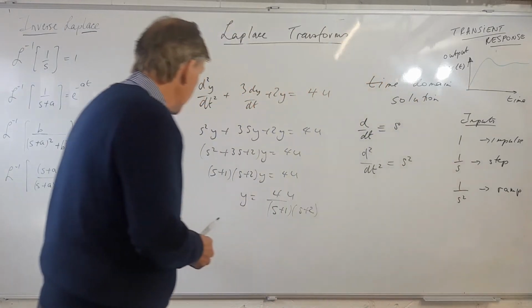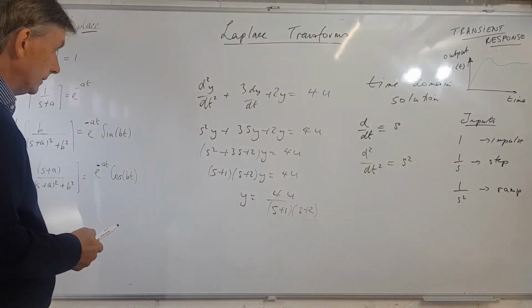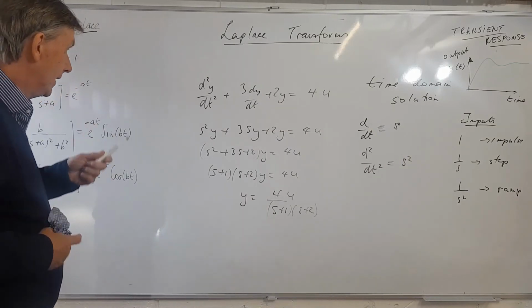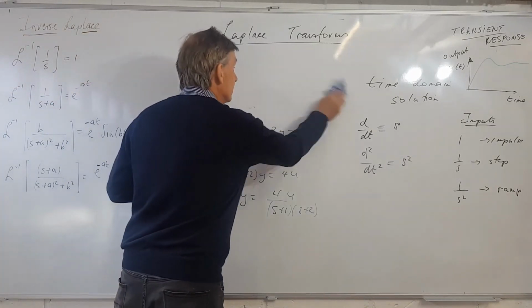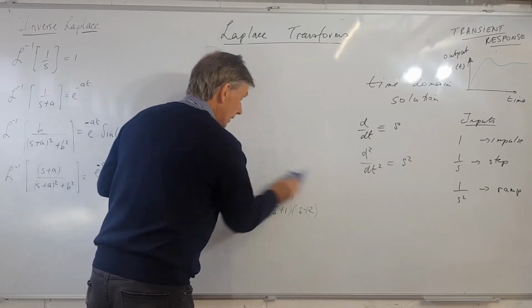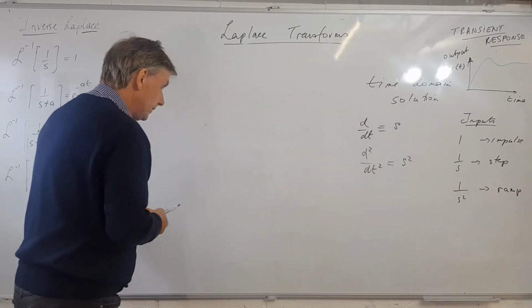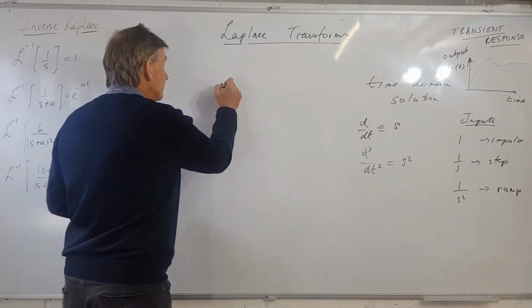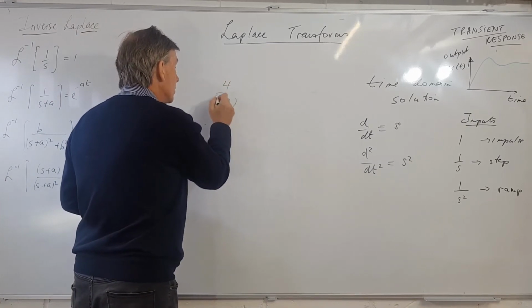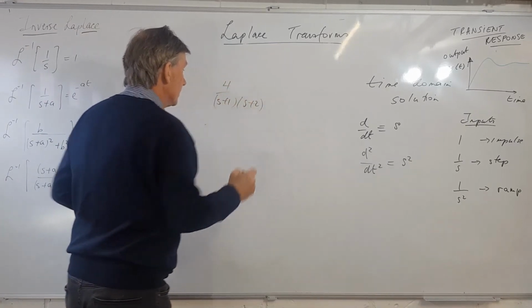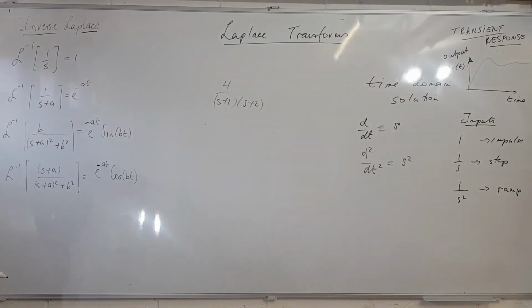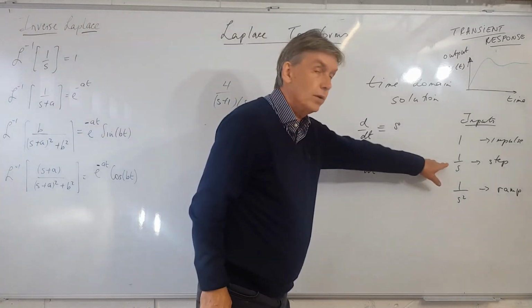So again, I'll have to have a bit of space here, using a slightly different pen this time, so it's easier to rub out. So we've got 4 over s plus 1, s plus 2, that's our transfer function. And we're multiplying it now by a step response, which is 1 over s.